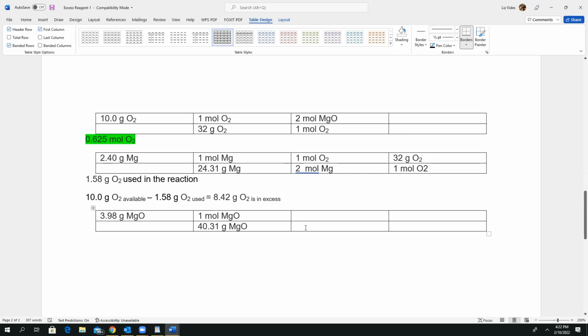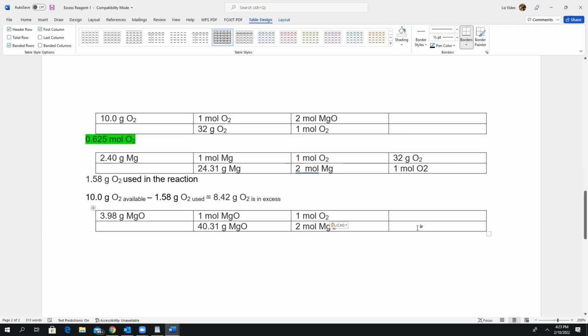Now we need the mole ratio from MgO to O2, because 2 moles of MgO are made from 1 mole of O2.